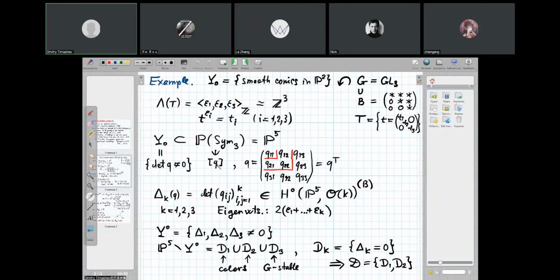The classification of quadratic forms gives us that. I see. The orbits are matrices with fixed ranks, and the orbit closures are matrices with bounded ranks, and the smallest one will be of rank 1.